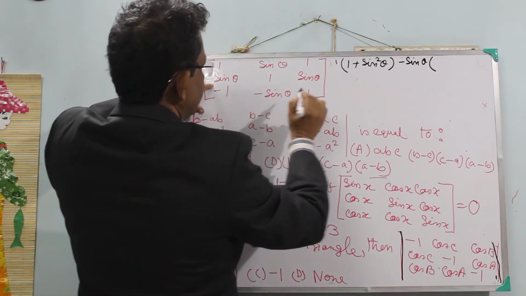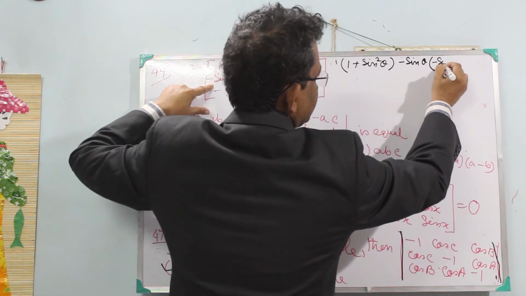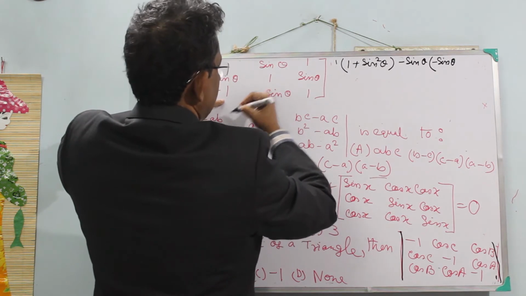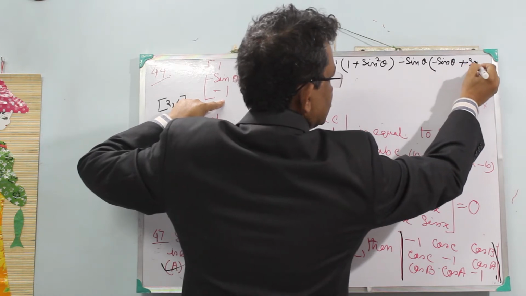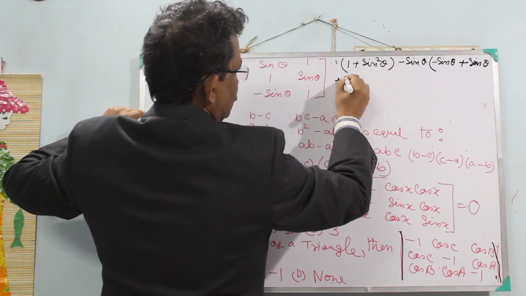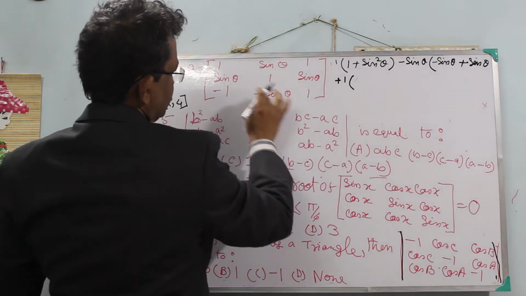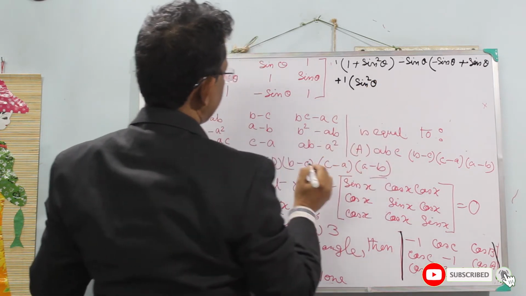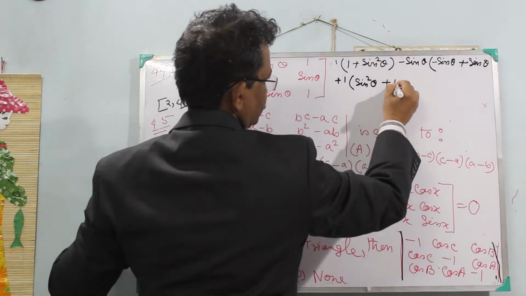So minus sine theta into 1 is minus sine theta, minus sine theta again, so plus sine theta, plus 1 into sine theta minus sine theta into sine theta, so plus sine square theta, minus 1, so plus 1.